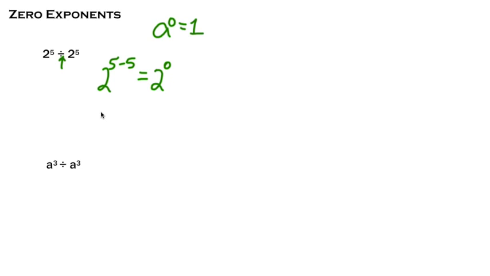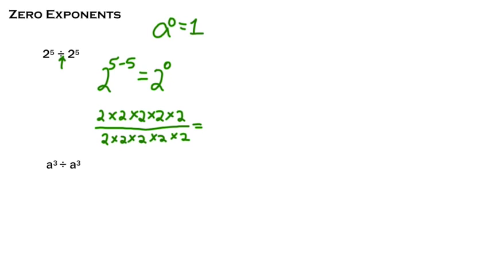However, if I use direct calculation, so we have 2 times 2 times 2 times 2 times 2, right? 2 to the 5th divided by 2 times 2 times 2 times 2 times 2.